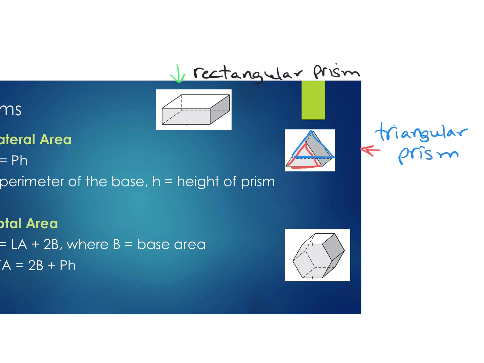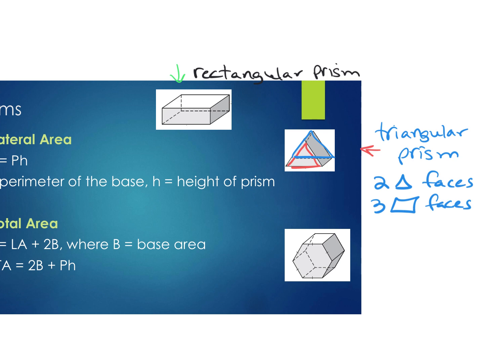So again, to name the prism, you have 2 triangle faces, and then you have 3 rectangle or parallelogram faces. Technically, what you could do here is find the area of each one of the faces and add them up, or you can use these formulas that I'm about to talk about.